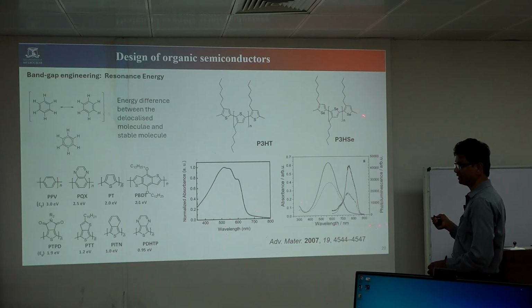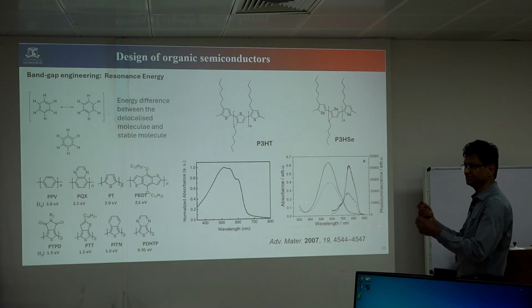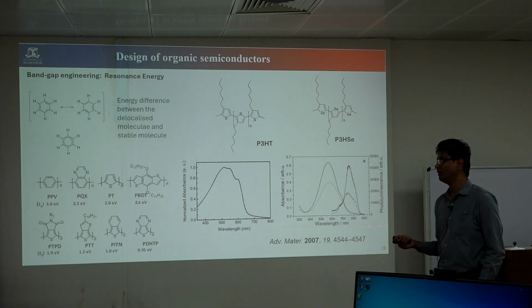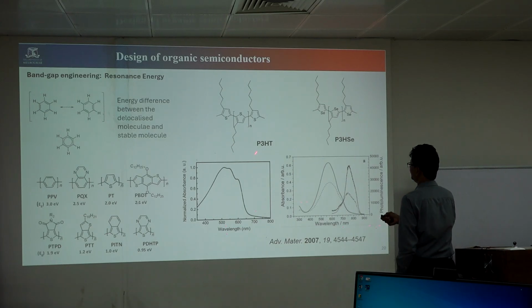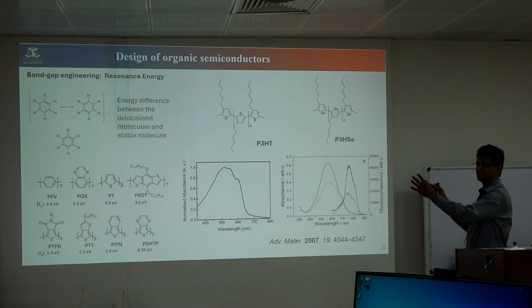When you have this bigger atom, ultimately the bond length between this carbon and selenium will change. So these changes will affect the band gap of this material. That's why in this case we get absorption for P3ST up to 650 nanometer, and there we get an extended absorption of around 750 nanometer. So this is a PL emission for this material. We can see the change in band gap.